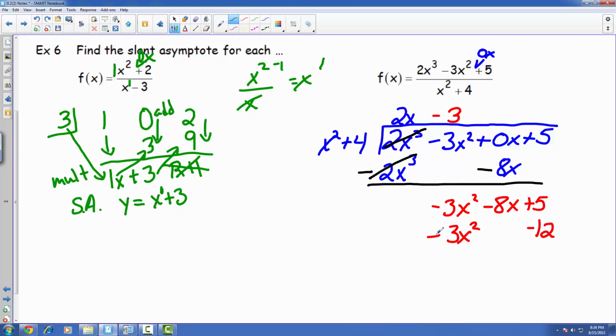By properties of long division, we always swap those signs for the bottom one. So now they're positives. And then we can see our negative 3x squared cancels out with our positive 3x squared, leaving us then with negative 8x plus 17.